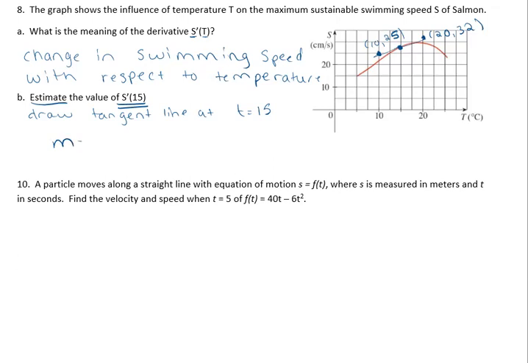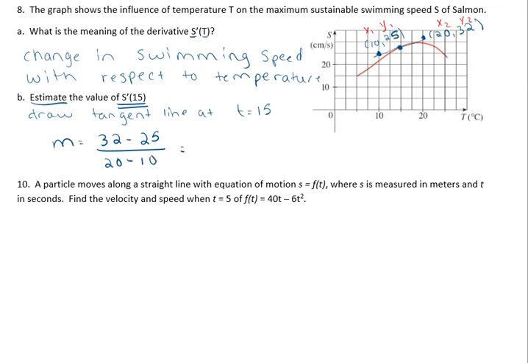And then we need to find the slope. Let's make this our x1, y1, and this x2, y2. Substituting everything in, we have y2, which we're estimating at 32, minus y1, which is 25, over x2, which is 20, minus x1, which is 10.